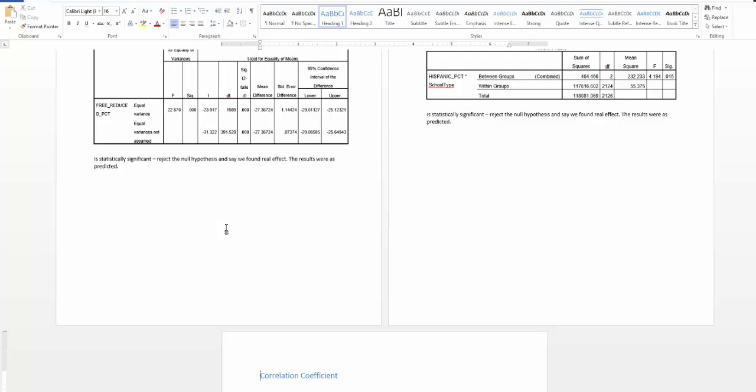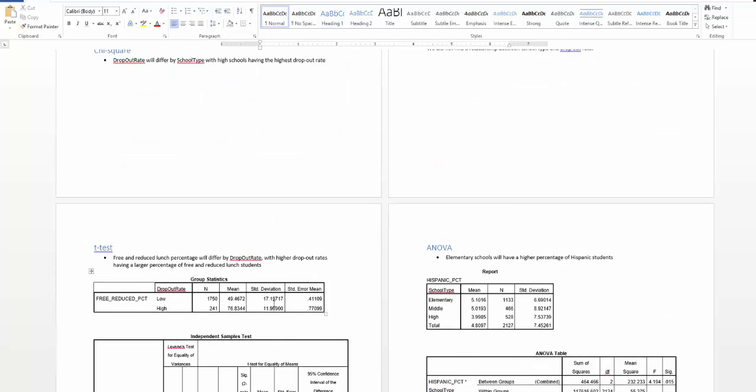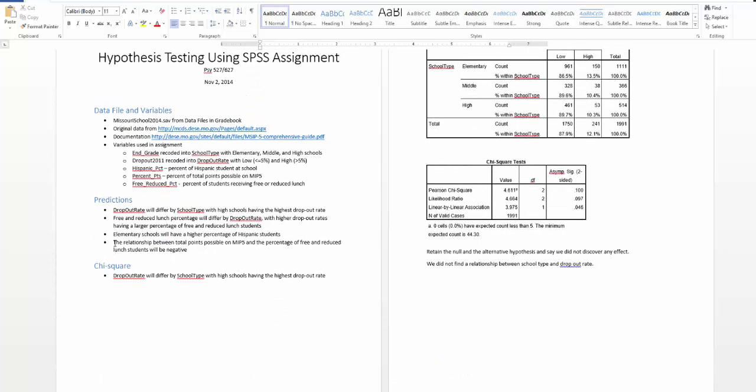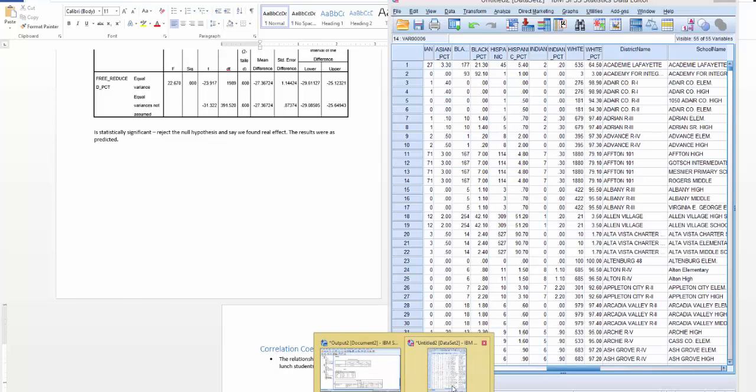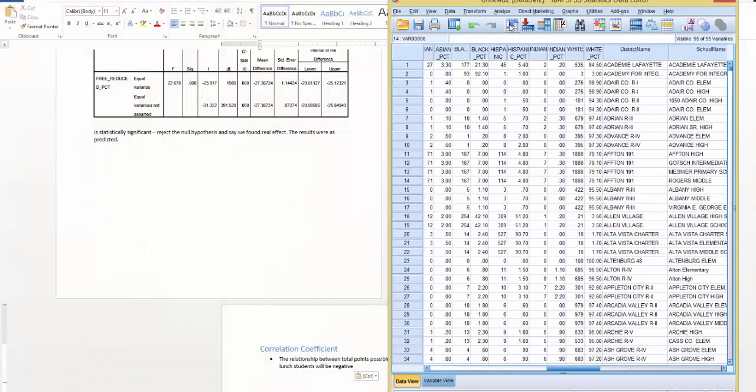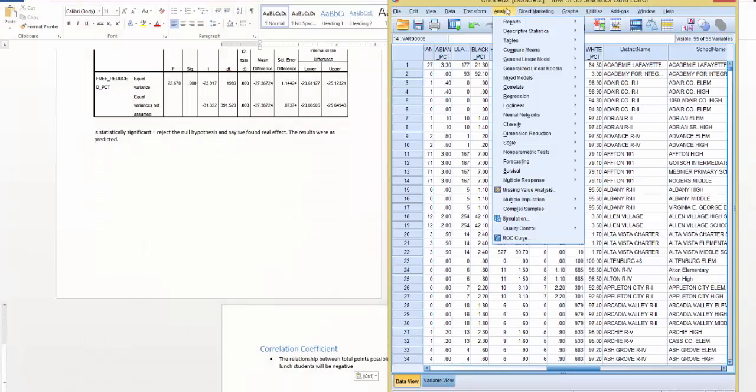And again, we'll put the correlation coefficient on yet a separate page. And going back, we'll copy the prediction. And going back to our output, our data file.